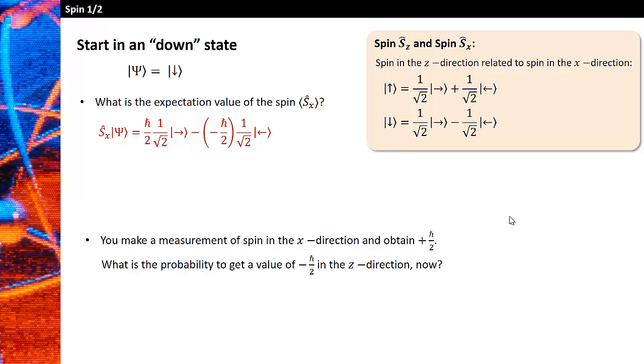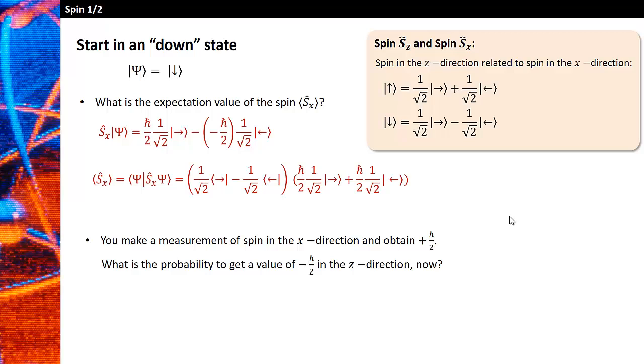And so ultimately, those two minus signs will cancel, gives a positive h bar over 2 there on the spin left. Because of this, we see that psi is not an eigenstate of spin in the x direction, because we don't get back a number times what we started with, since it flips the sign on the spin left.